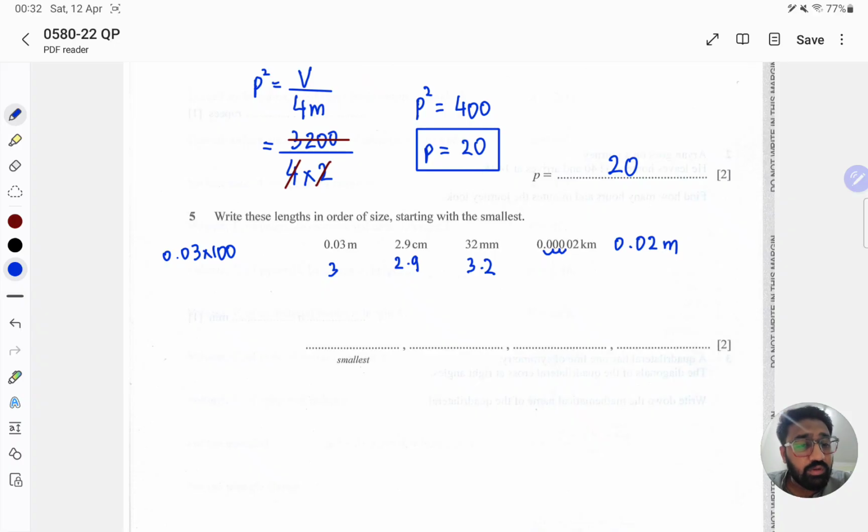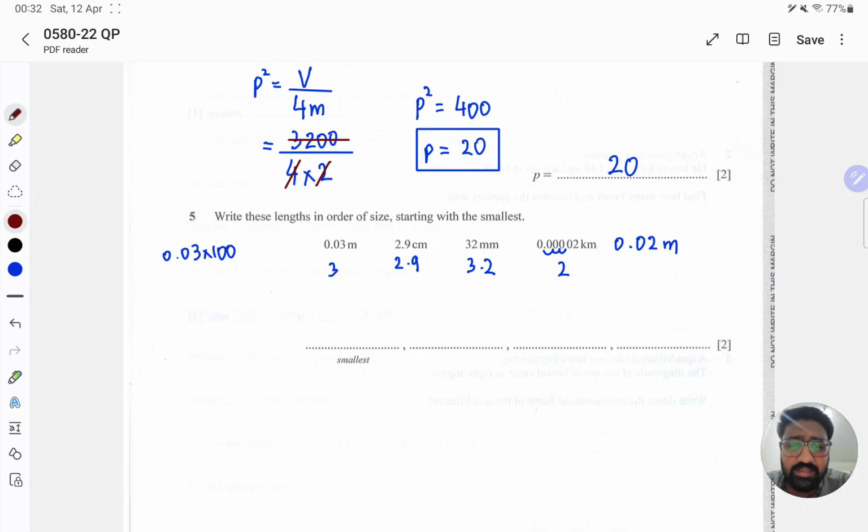And after converting into meters, I'll convert it into centimeters by multiplying it with 100, which will give me 2 centimeters. Now it's very easy for me to identify which number is the smallest and which number seems to be the biggest. So remember, when you're writing the final answer in this kind of scenario, it should be the original values that are given to you in the question.